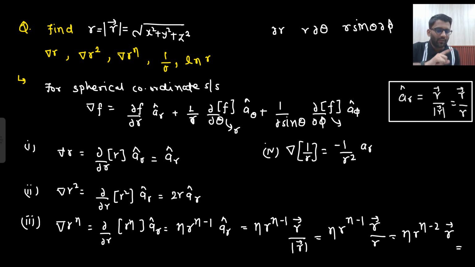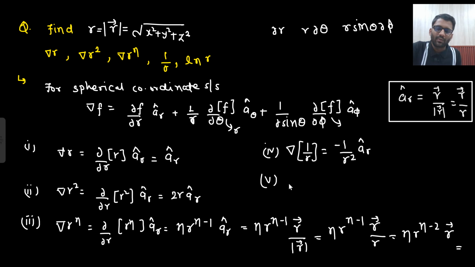If your option is not matching, then what you are going to do? Ar cap will be replaced by r vector divided by magnitude of r, which is equal to r only. So your option could be r vector divided by r cube and then minus sign. So this is how you can make another option as well, but for now this is what we are writing.